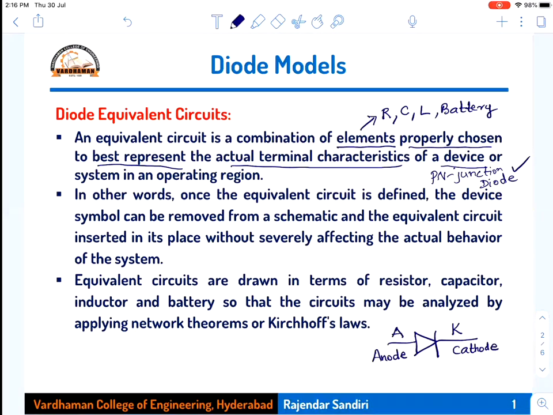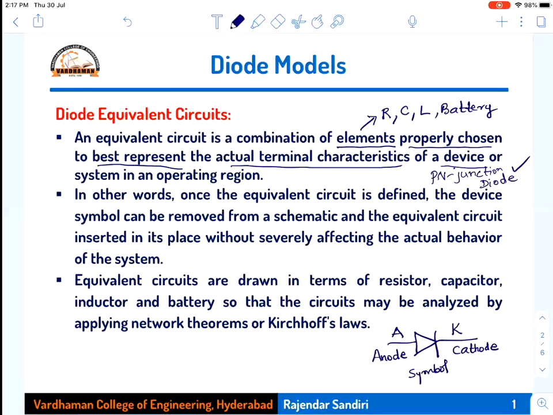Now when this symbol exists in your circuit, when you are analyzing the circuit by applying the theorems and Kirchhoff's laws, how is this diode going to behave? What is its equivalent in place of the diode? Is it behaving like a battery, or like a resistor, or like a capacitor or inductor, or some combination of these elements, so that the behavior of the diode is specified.